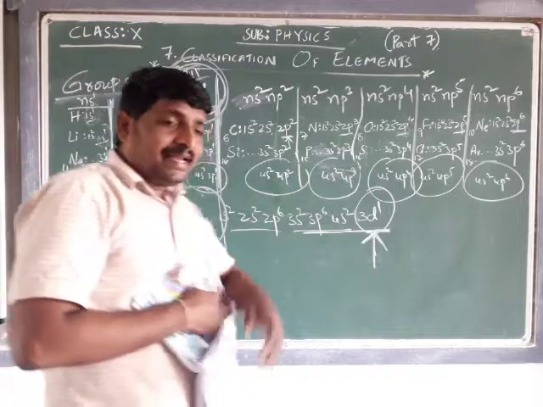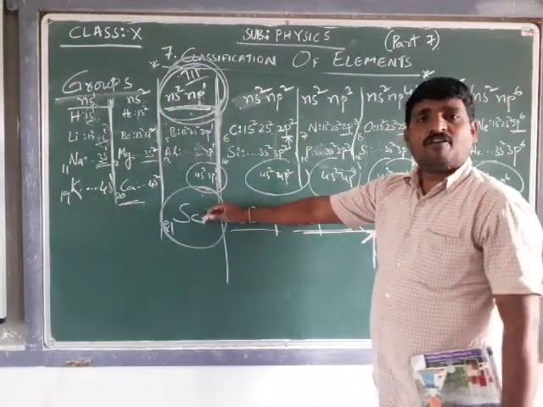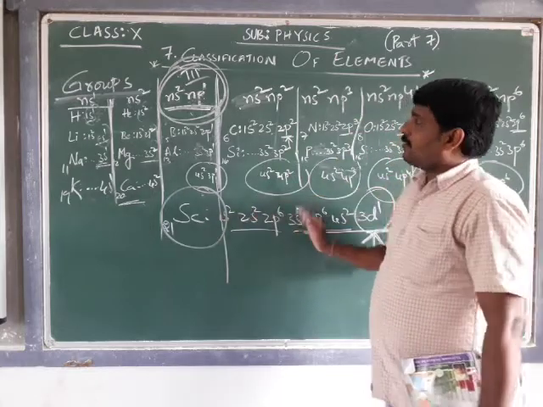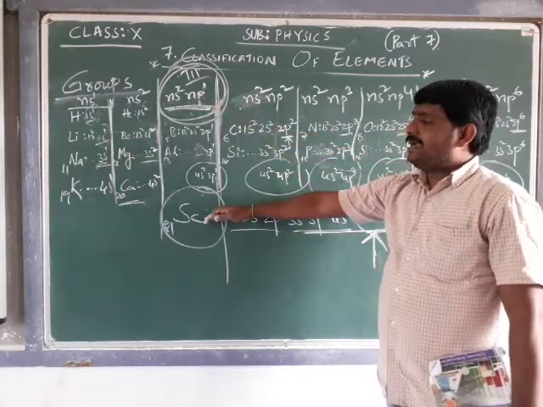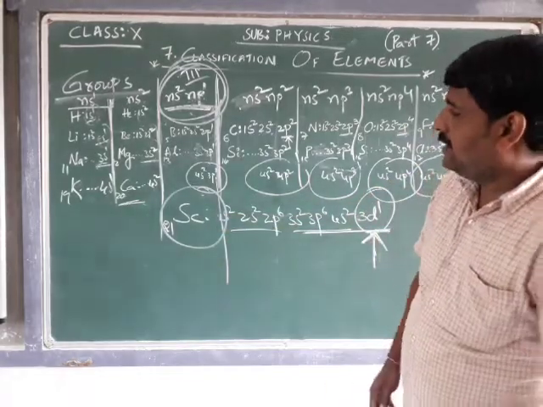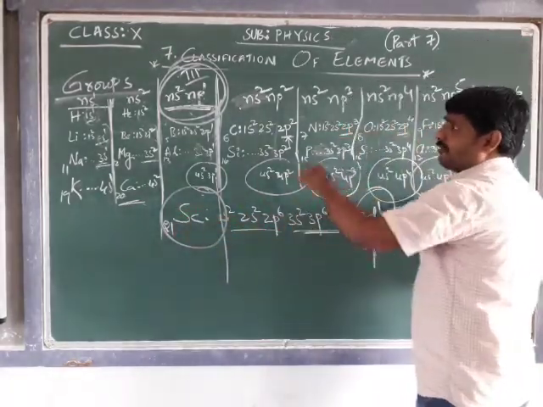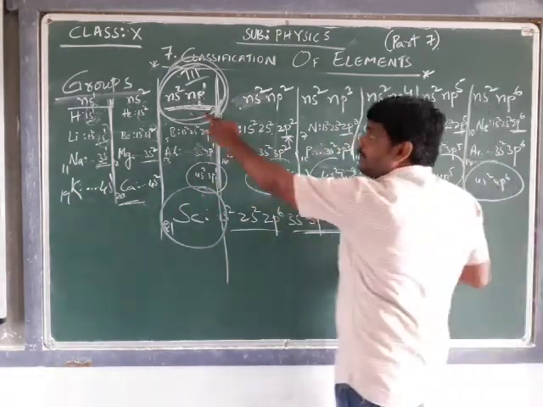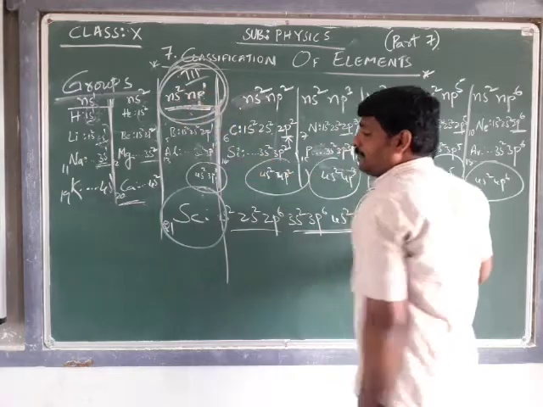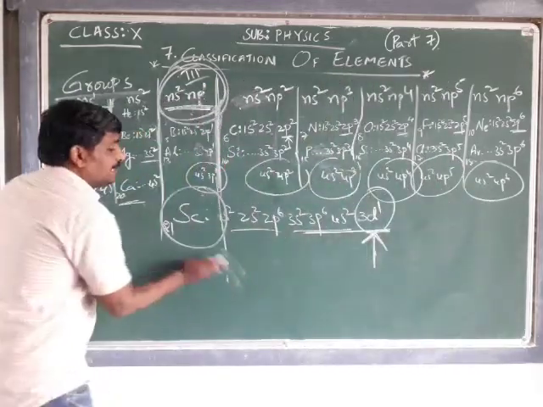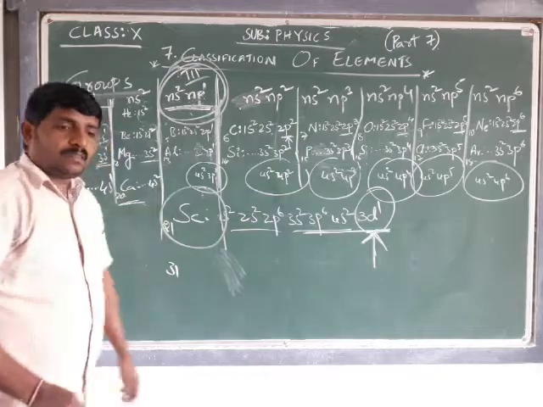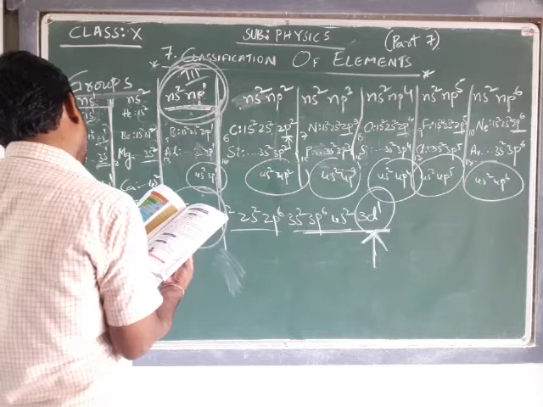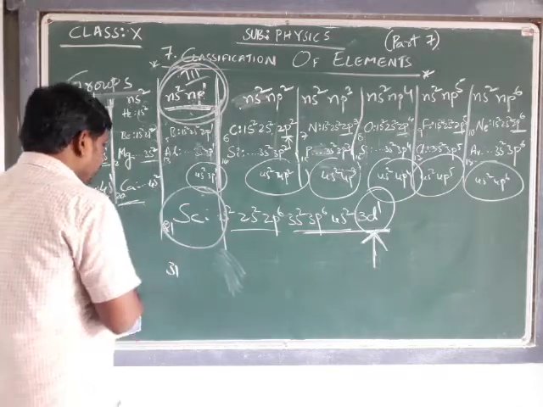That's why, as scandium is not following the general formula of this third group, in place of scandium some other element should be written, where the same configuration falls. That is the 31st element. We have gallium, sorry, Ga. Gallium is Ga.